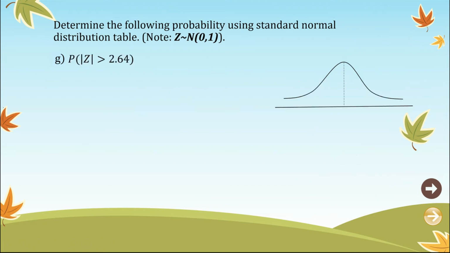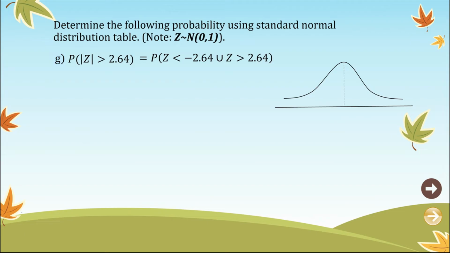We want to find the probability of modulus Z greater than 2.64. We have to use the definition for absolute values. So we will get P(Z less than negative 2.64) union P(Z greater than 2.64).